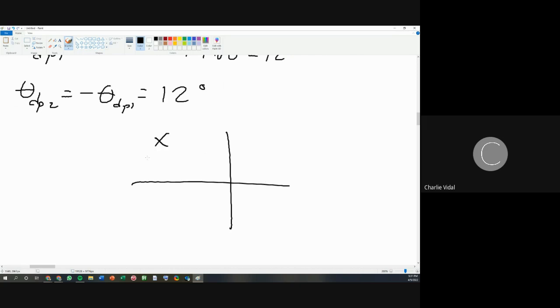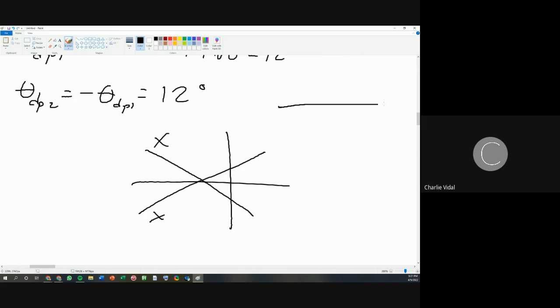I'm just going to draw these two for now. And I'll draw in the asymptotes, because why not? I drew that wrong. Okay. So this line is going to leave at -12 degrees.